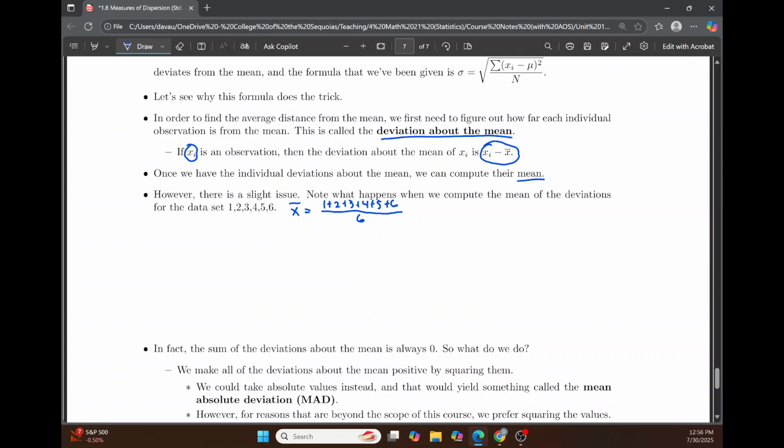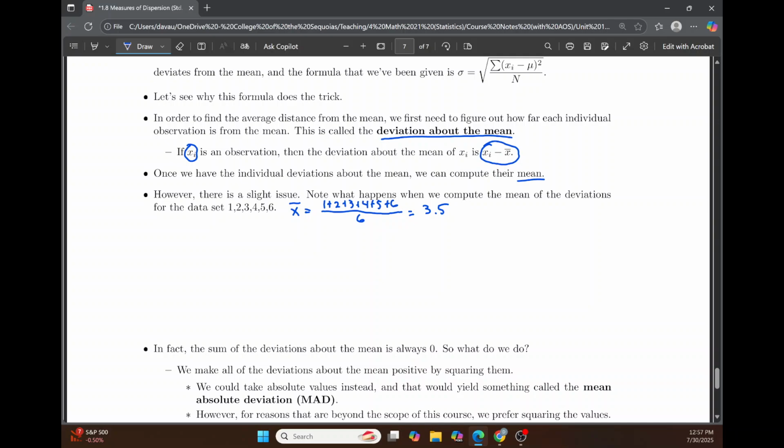Okay, and then 21 divided by 6 is 3.5. Well, it's a good thing we actually did the math, because I would have led you astray and said that the mean was 3, but it's actually 3.5, right? Okay.